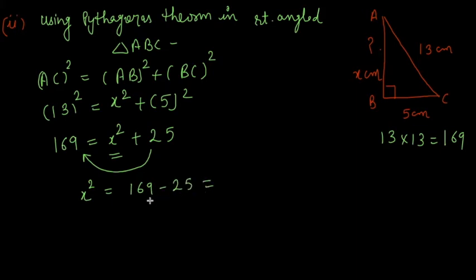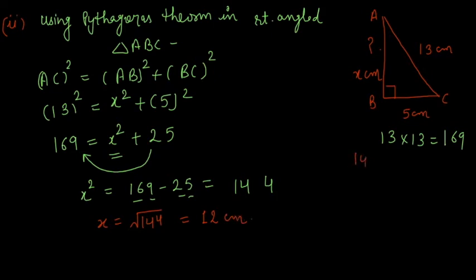Now subtract it. 9 minus 5 is 4 and 16 minus 12 is again 4. So what am I getting? I am getting x square as 144. If I have to calculate x, that will be square root of 144, right? And the square root of 144 is 12 centimeters.